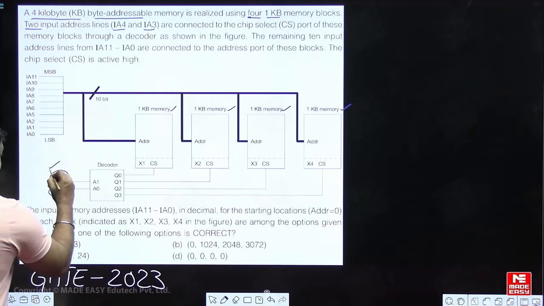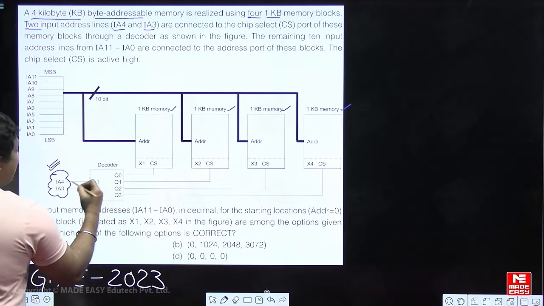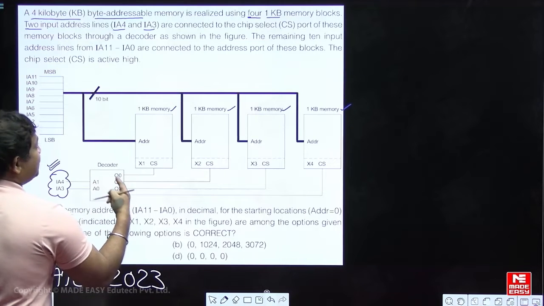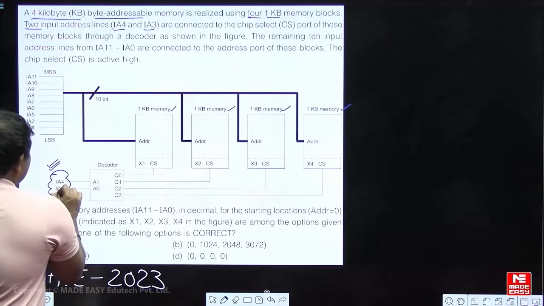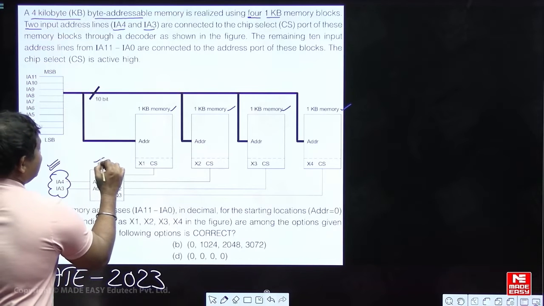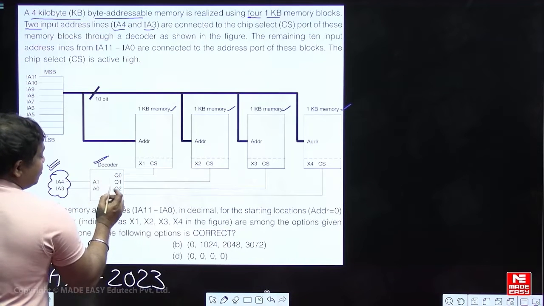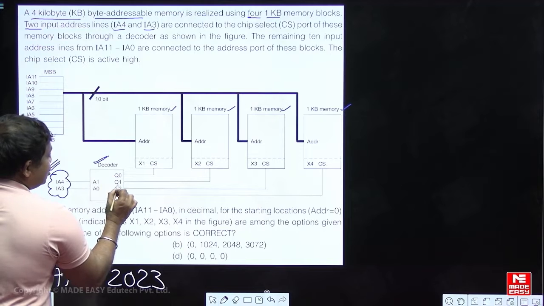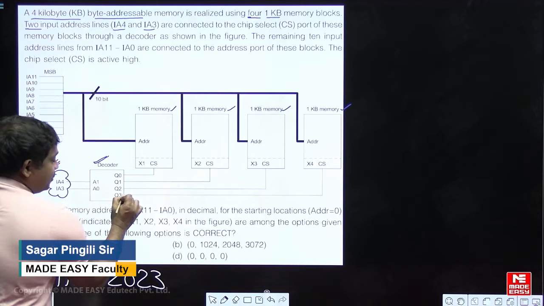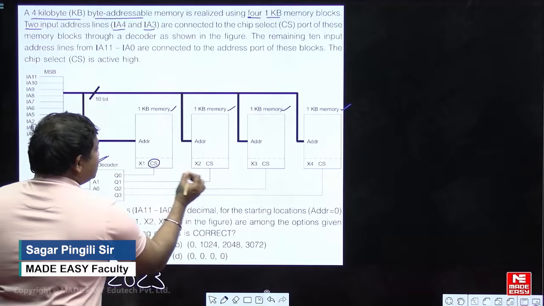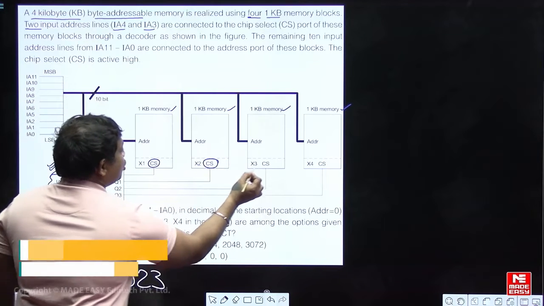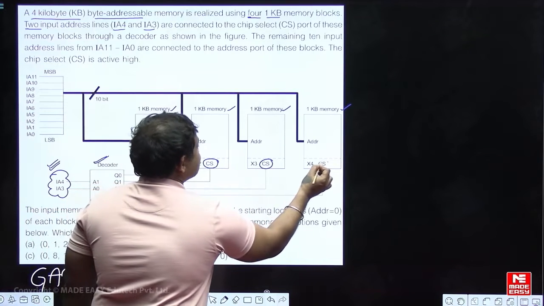These 2 address pins are acting as chip select pins in this design. IA3, IA4 are connected to the decoding circuit. From the decoding circuit, 4 output signals are coming. Each signal is connected to the respective memory block chip select logic.